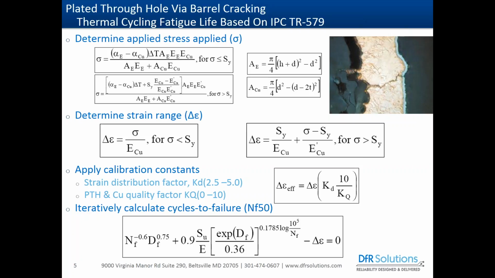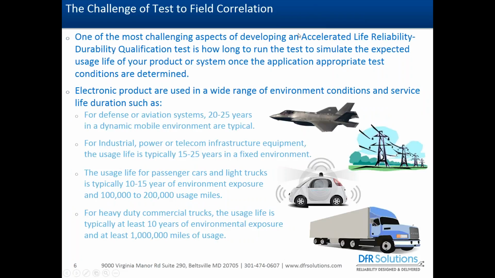There was actually quite a bit of work by the IPC to develop this model. So these provide information that can be used to figure out how units need to endure in the field.